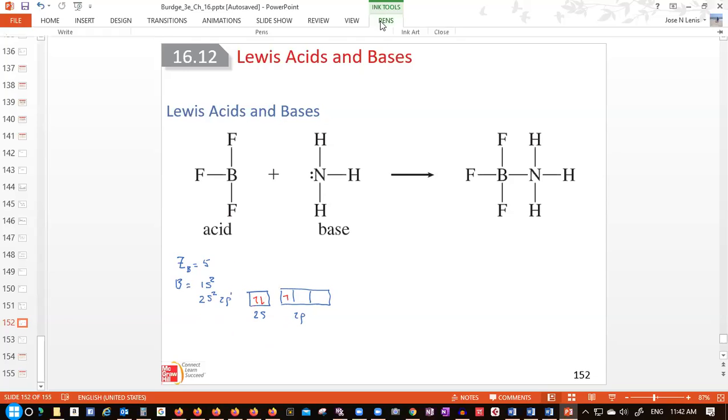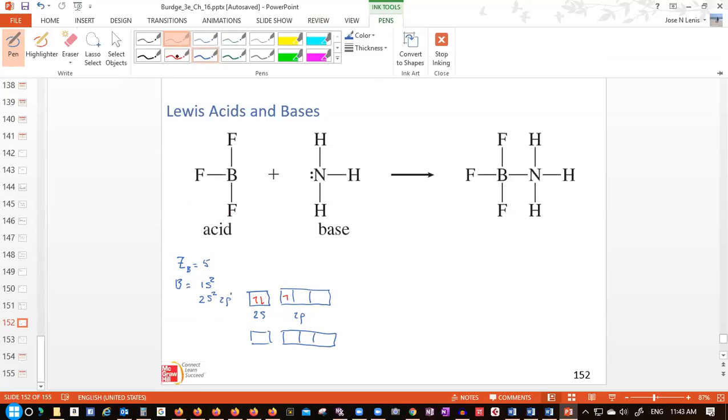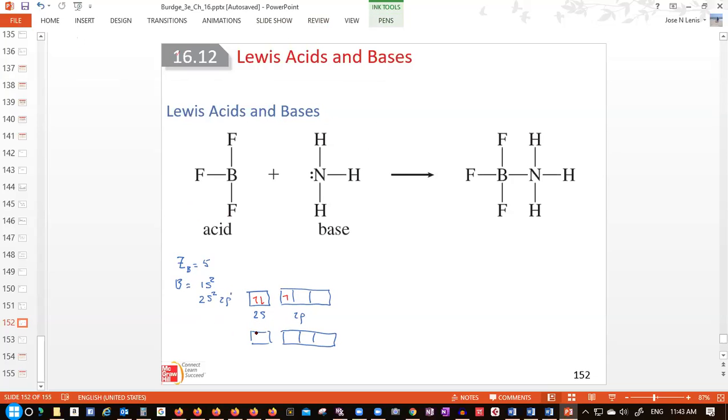If you can recall from your Chem 11 course. So this is the ground state, and this is the excited state. One electron from here, there's a transition there. 1, 2, and 3. Now that explains why boron is satisfied with only 3 bonds with fluorine.